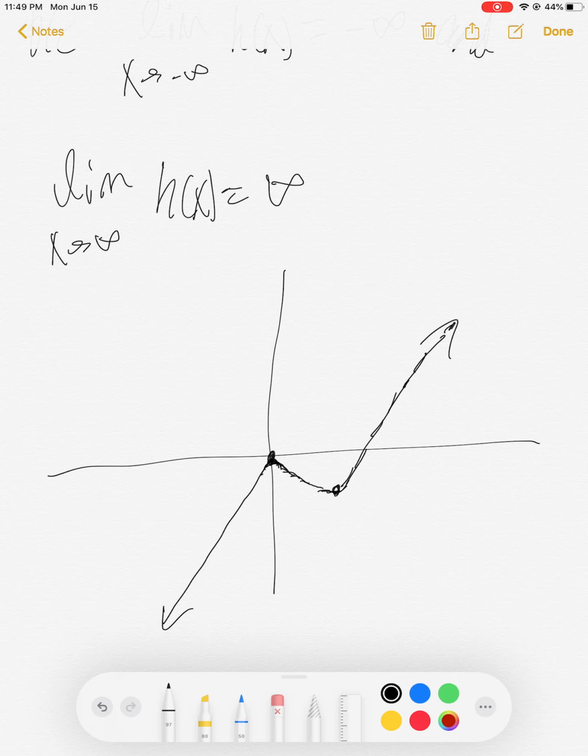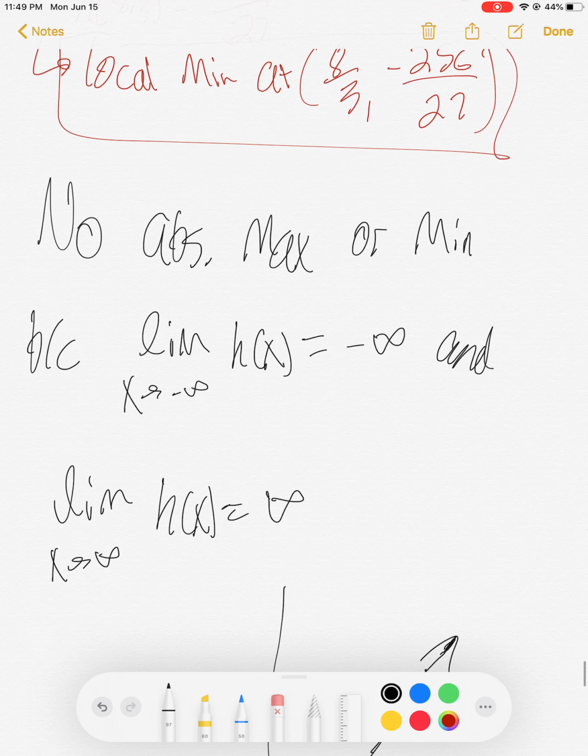Right, so that tells us that a very rough sketch of our picture might look like this. Like it's shooting all the way down to infinity, and then up here it's at 0, 0 we have this local max, then we shoot down here to this local min, and then we shoot up to infinity, and we just keep going forever. So there's no absolute max or min, because we can always find something bigger or smaller.